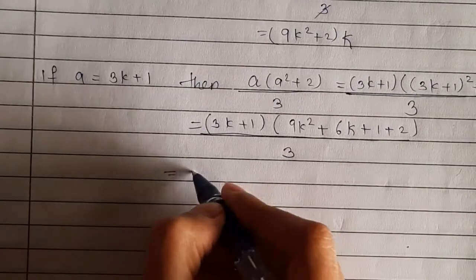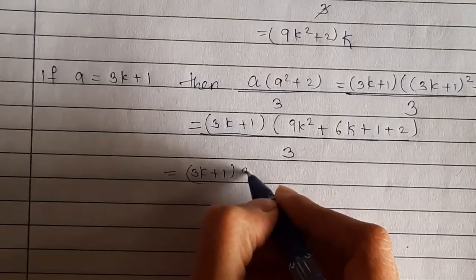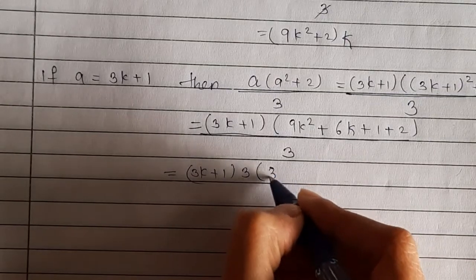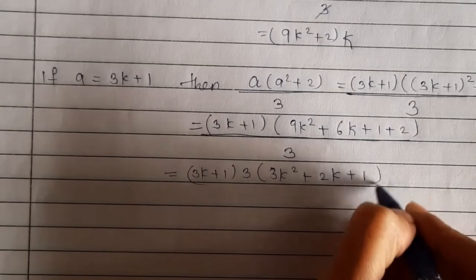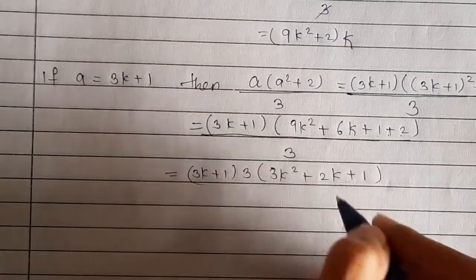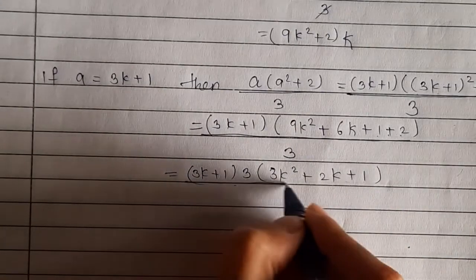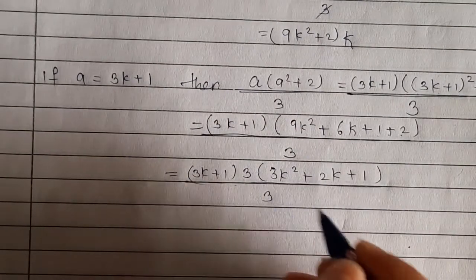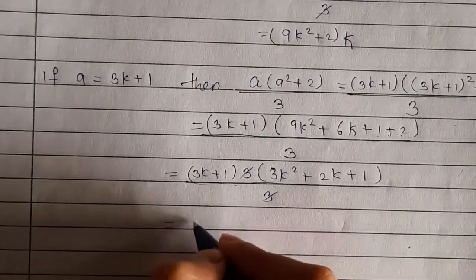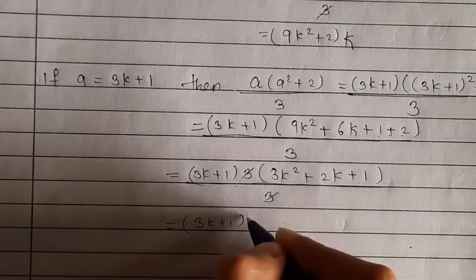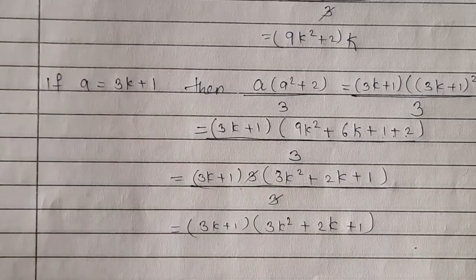Which is equal to 3k plus 1 into 9k square plus 6k plus 1 plus 2, upon 3. From this we take 3 common, so we write 3 into 3k square plus 2k plus 1, because 1 plus 2 is 3 and 3 is taken outside, upon 3. The 3 gets cancelled, giving 3k plus 1 into 3k square plus 2k plus 1.